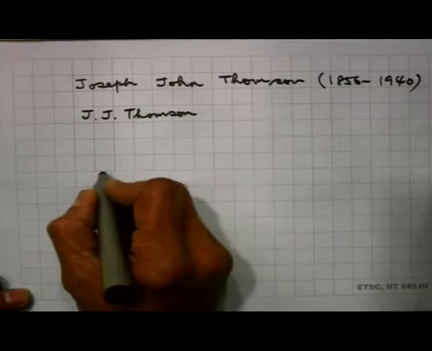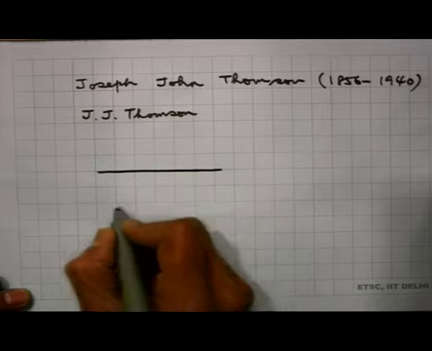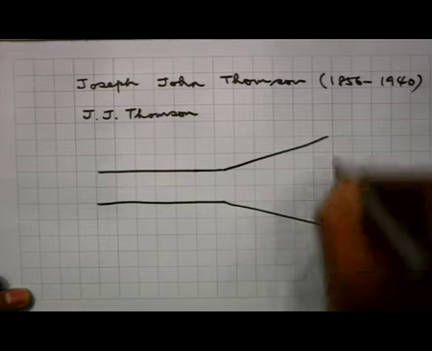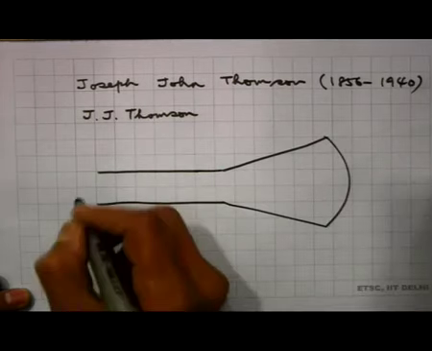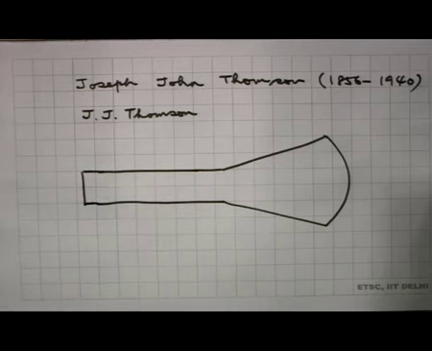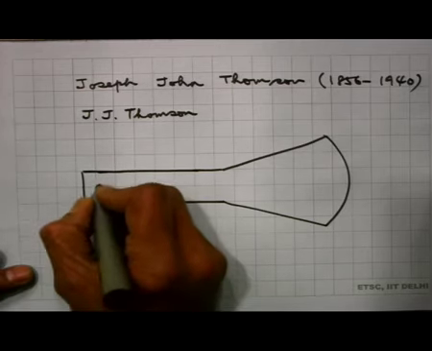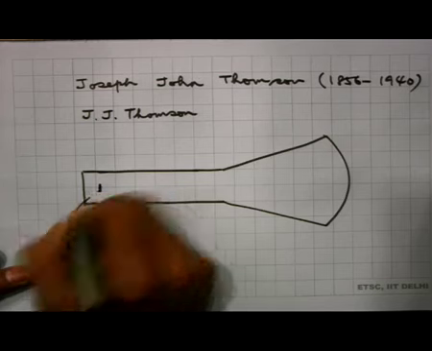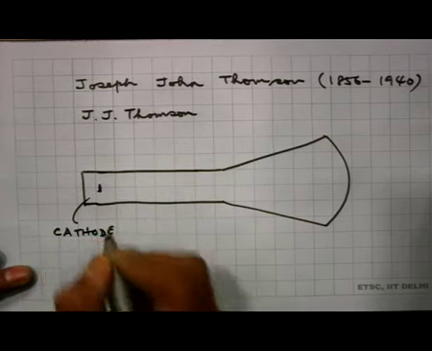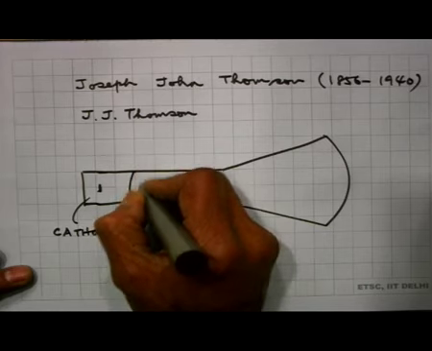Let's see his experiment. So there is a discharge tube. Let me draw a discharge tube here. This is a tube which has low pressure gas. There is a metal electrode here called the cathode, and then you have an anode here.